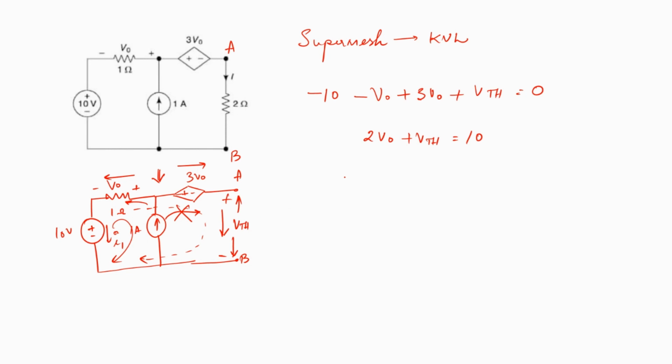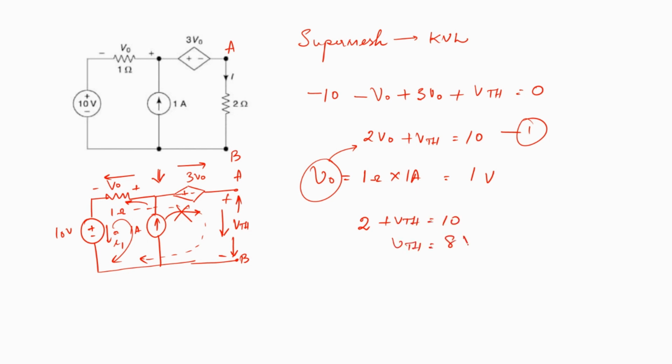Therefore, V naught is nothing but 1 ohm into the 1 amp current from the current source, which is nothing but 1 volt. Now if we replace this V naught in the first equation, we get 2 plus VTH is equal to 10, or VTH is equal to 8 volts.